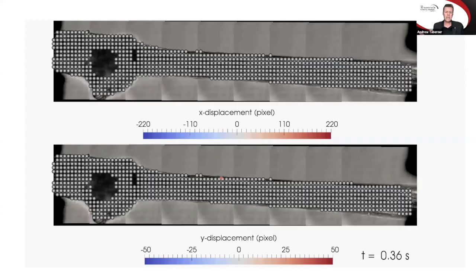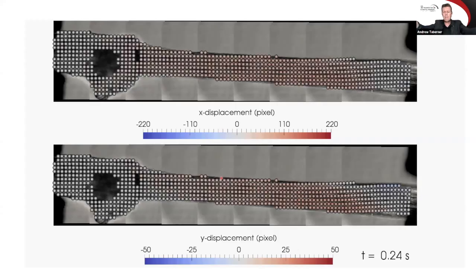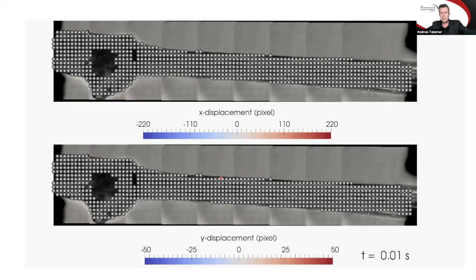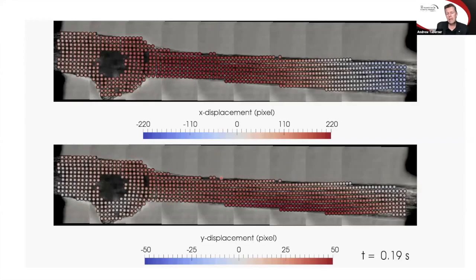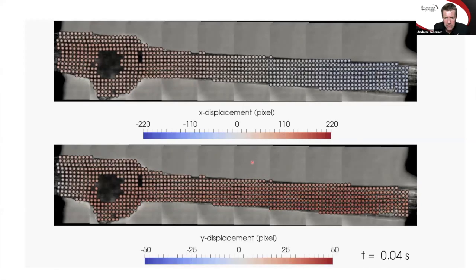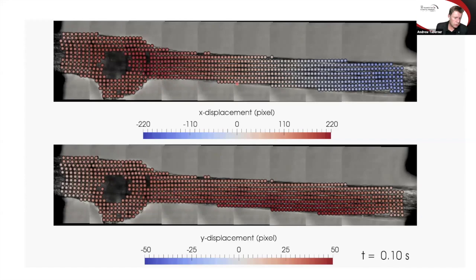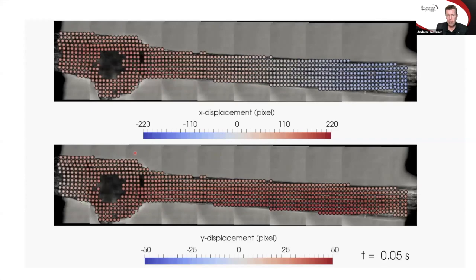As you can see, initially with this sample, both ends are moving towards the center. The left is red, it's moving to the right. The right is blue, moving to the left. And so we are resolving the motion of those material points to a very, very high degree of resolution. We can also track them in the vertical direction in the bottom plot.